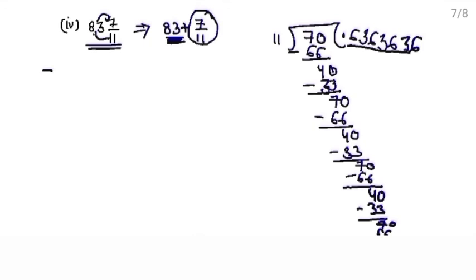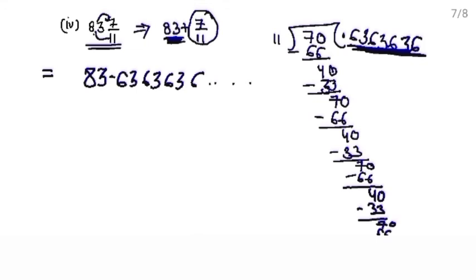Now what have we found? 83 was the whole number, so we will put it before the decimal. And after the decimal now we have 6 3 6 3 6 3 6 and so on, right? We just need 6 places after the decimal, so we will round off at the 6th place after the decimal.